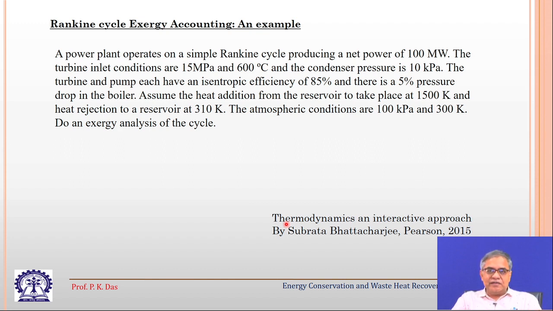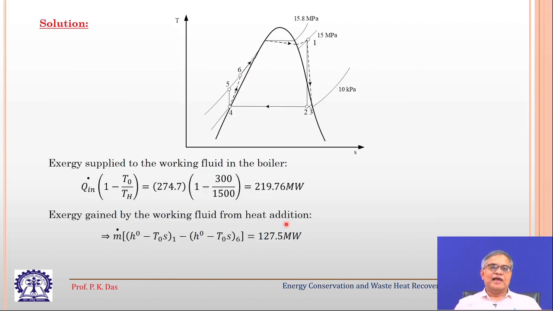So, this is again the same problem of an irreversible simple Rankine cycle. There is no modification of the Rankine cycle, and for a quick, ready reference, we can show the cycle diagram. The cycle diagram is like this.